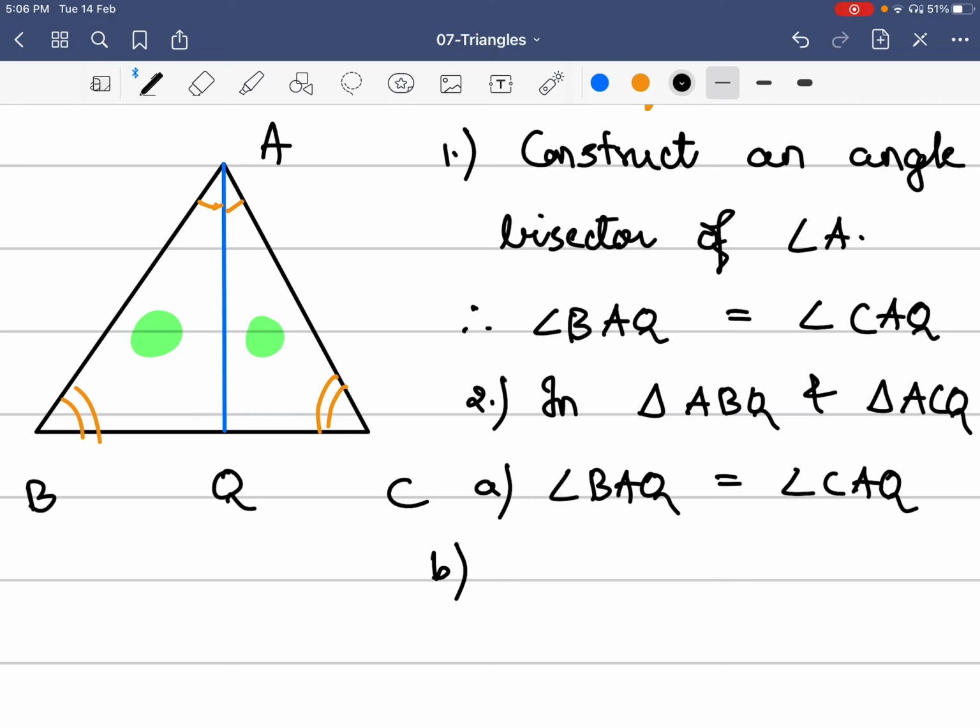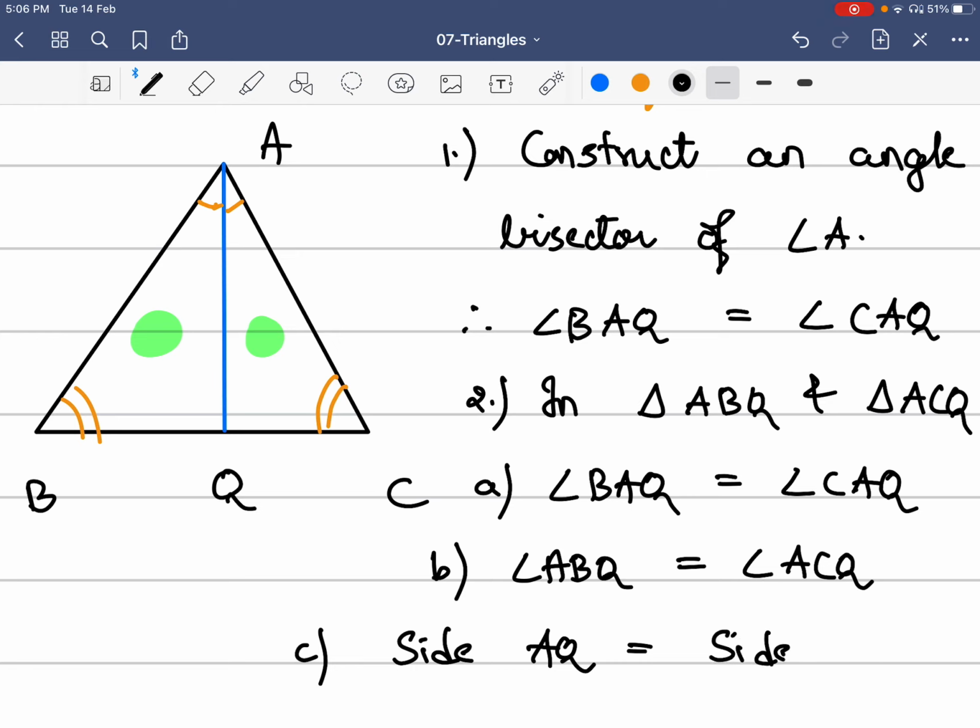Then secondly, we have angle ABQ equal to angle ACQ, because this is given. And the third thing is side AQ is equal to side AQ because they are the same side of the two triangles.